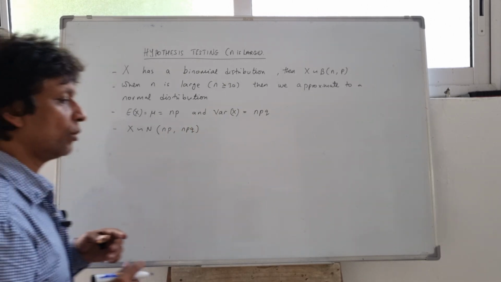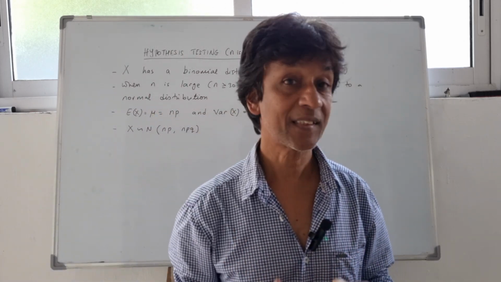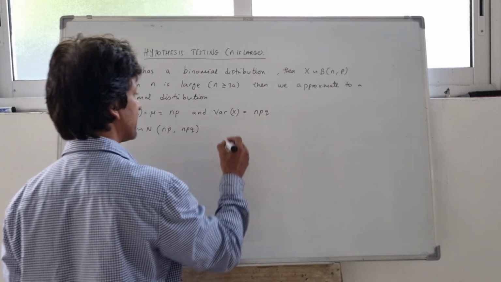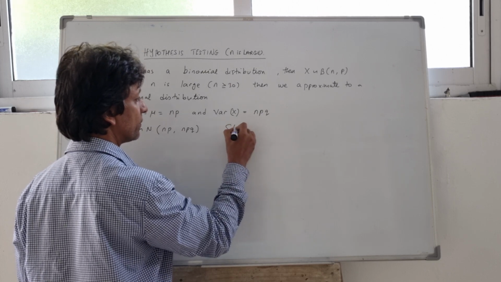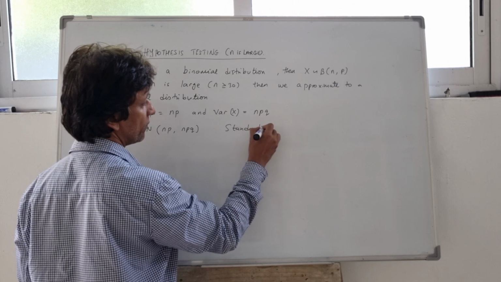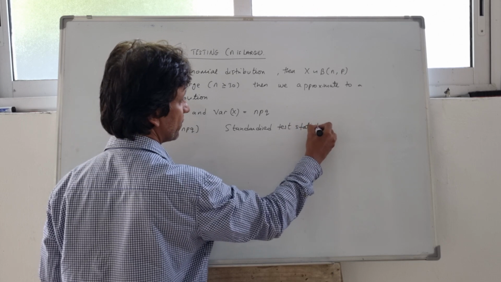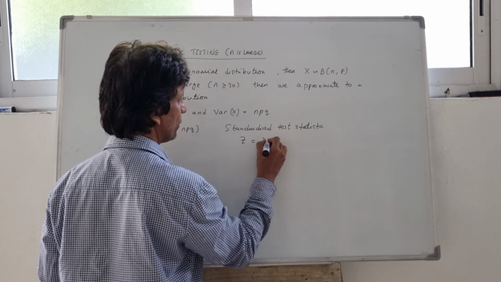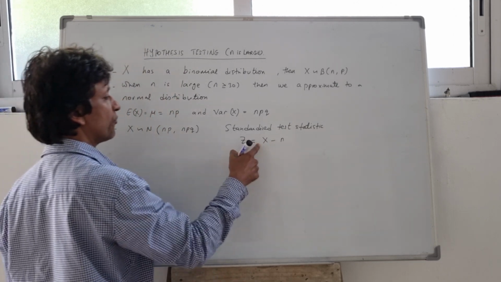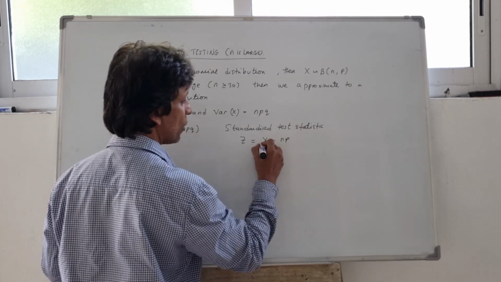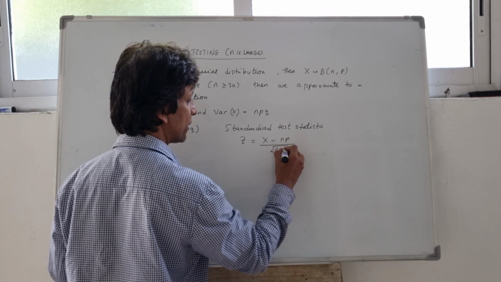Of course, now you need to also bring into perspective your test statistic, the standardized test statistic, which is z, equal to the observed x minus the mean np, over the standard deviation, which is the square root of the variance npq.